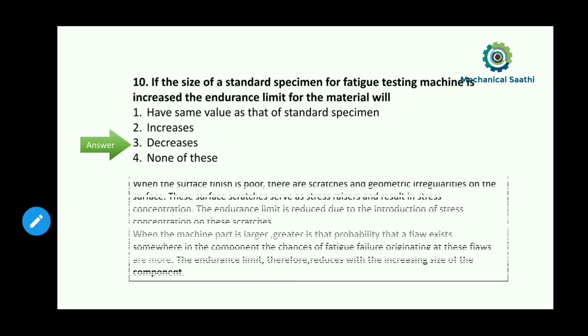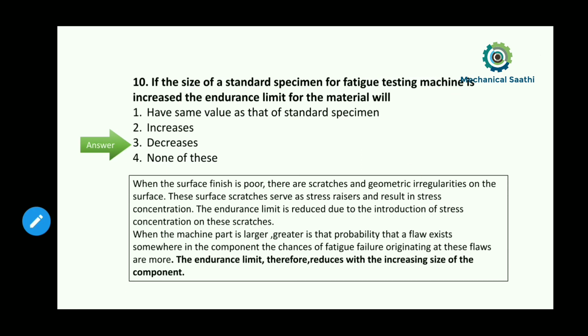Let us read it, and we can get some good idea about this. When surface finish is poor, there are scratches and geometric irregularities on the surface. So if surface finish is poor, obviously scratches and some irregularities may be present on the surface of that specimen.